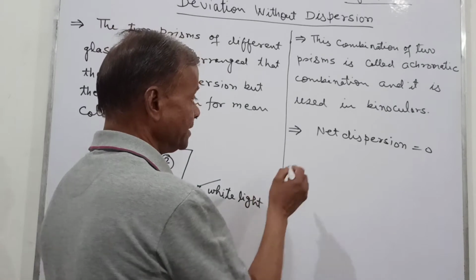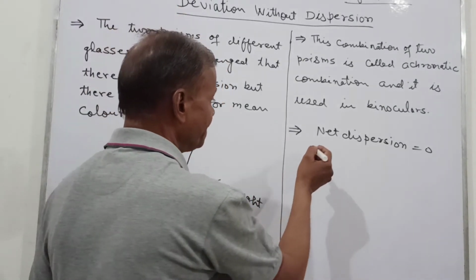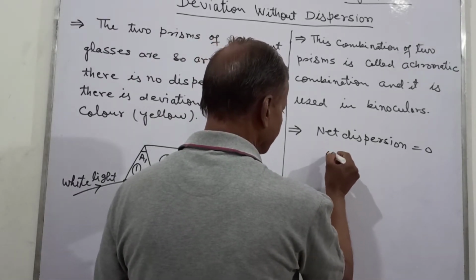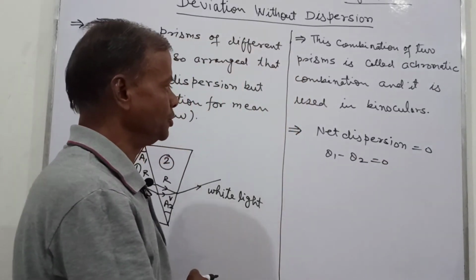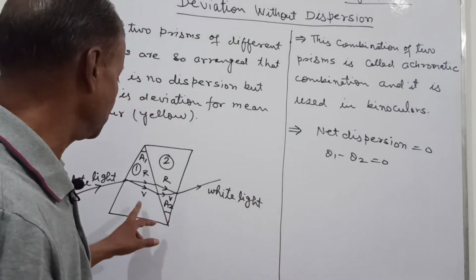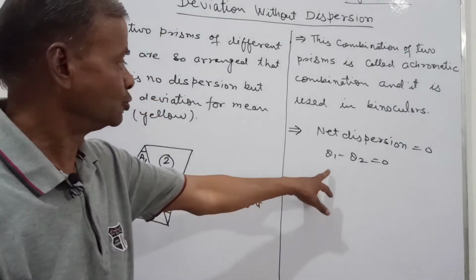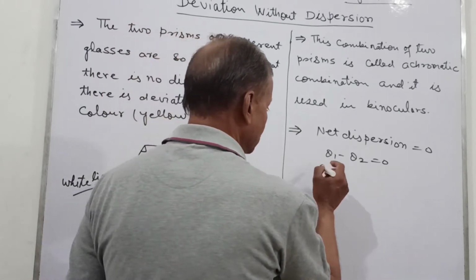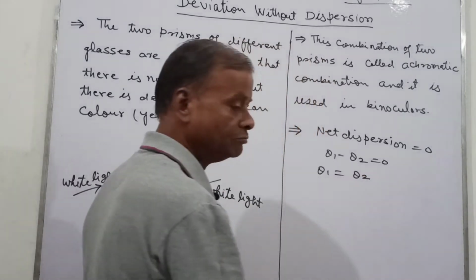So net dispersion, that means the angular dispersion, theta 1 minus theta 2, is equal to 0. Theta 1 is the dispersion due to the first prism, theta 2 the dispersion due to the second prism. So the difference of these two must be equal to 0. So theta 1 is equal to theta 2.